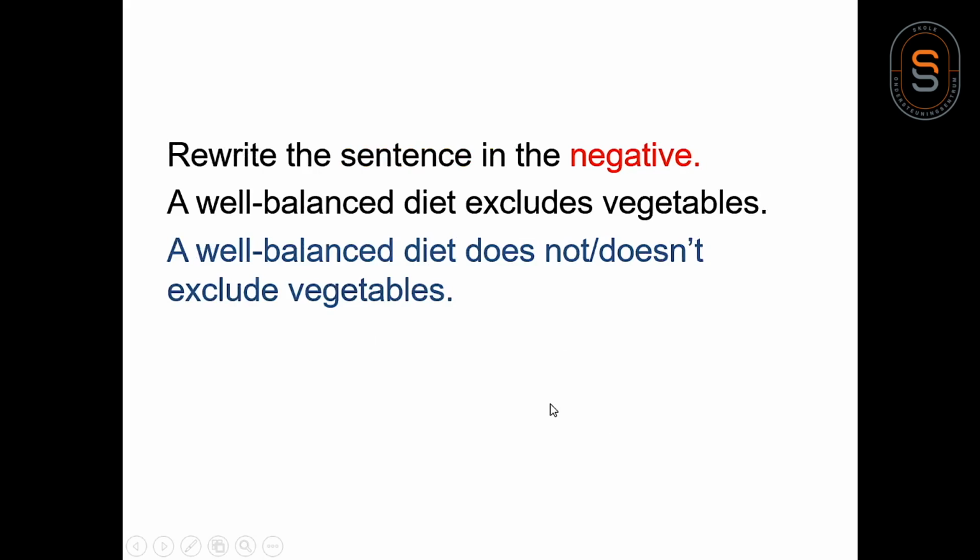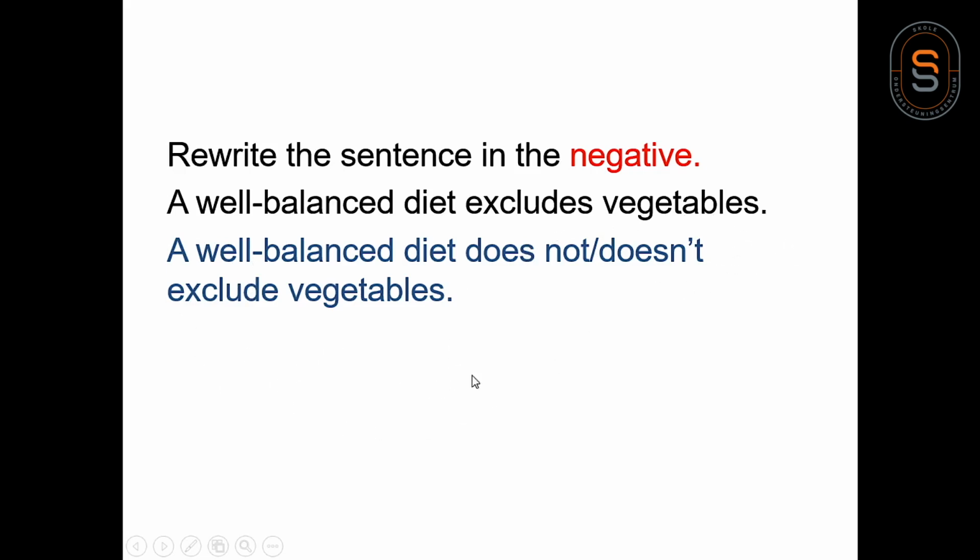And then the last one, remember the negative. A well-balanced diet excludes. A well-balanced diet does not exclude. If there's, for instance, a sentence with Peter is eating his vegetables, your negative will be Peter is not eating his vegetables.